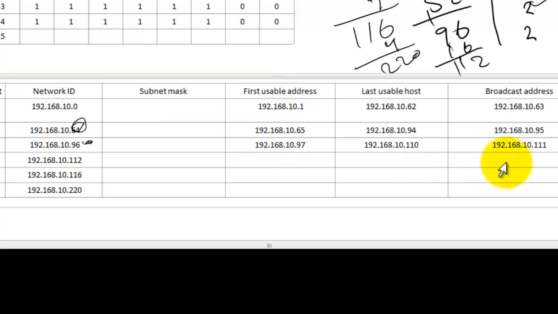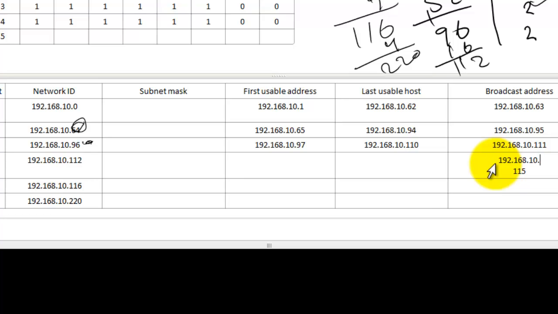Alright, let's do it for the next one. We're just doing the same thing. Here, the next one is 116. You're going to minus 1 from that. It will be 115. That's the broadcast for this block.